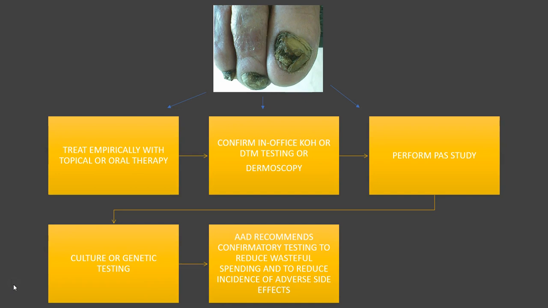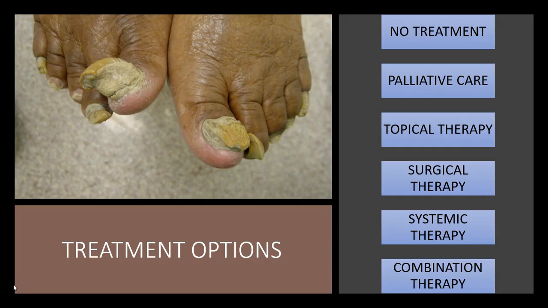If you're going to use an expensive medication or a medication with potential systemic side effects, then either culture or genetic testing is appropriate. The American Academy of Dermatology recommends confirmatory testing if you are considering either systemic therapy or expensive topical therapy.